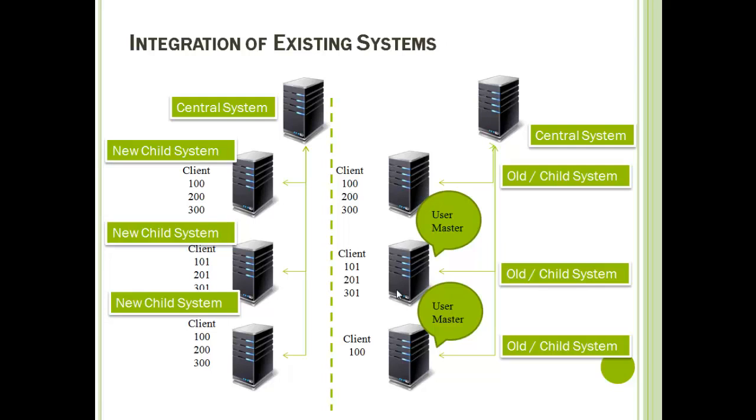This process is what we call migration. Users are identified in the child system, copied to the central system and adjusted accordingly. The roles which are already developed and assigned in the old system should also be identified and copied to the central system, and we need to assign them in the central system. Only then will this be effective for the role users after we migrate the entire users.